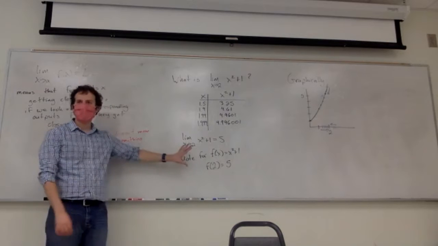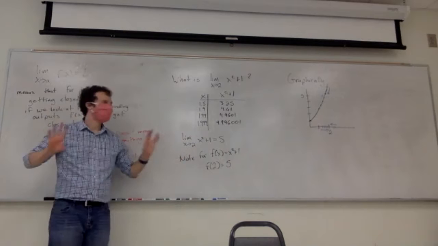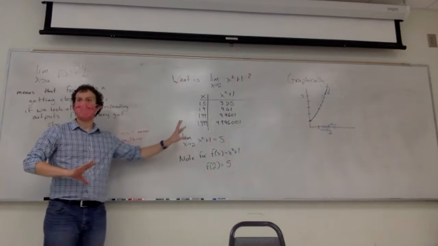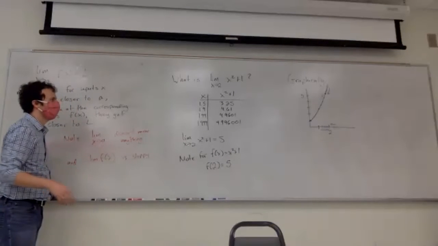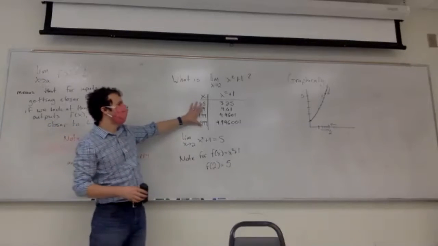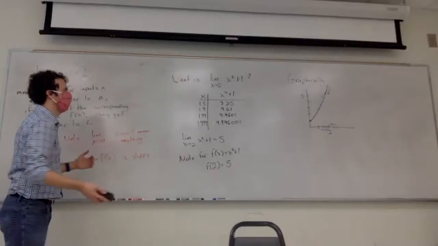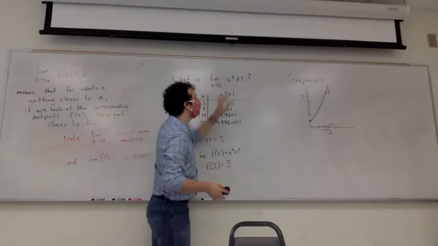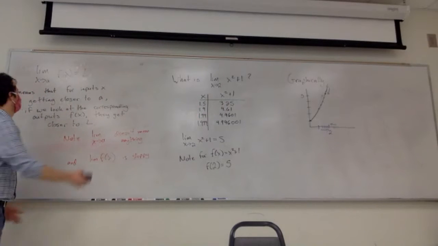So if this seems like there's not a lot going on, good, because this is the case where things are nice. What a lot of this limit part of the course is, how does this idea look when things aren't quite as nice? And here's an example of that, which is actually really close to this, but different in a particular way.